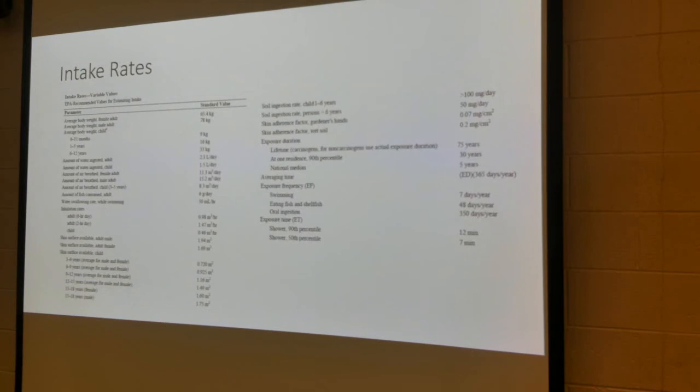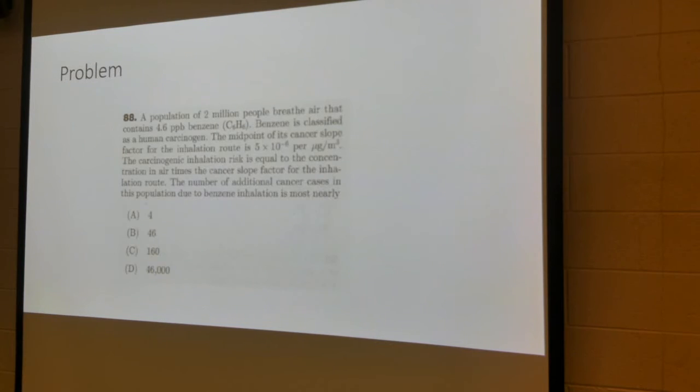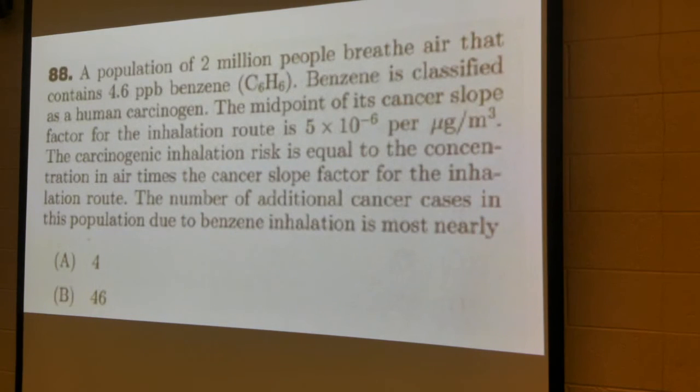So for problems, let's see an example of application. This problem over here is going to be a little tricky. It seems simple, it seems it's just formula application, but it's going to be a little bit more, and I'm going to explain why.